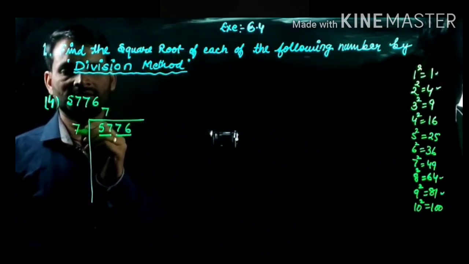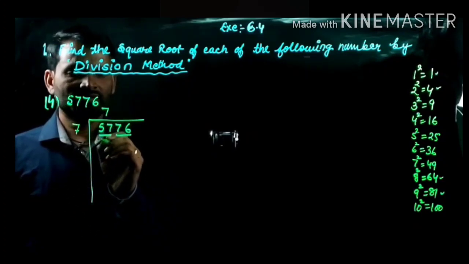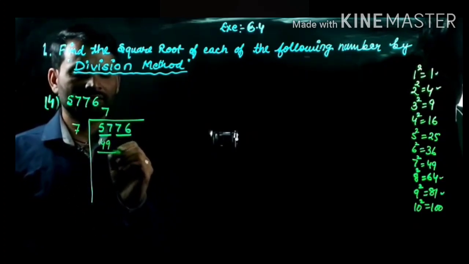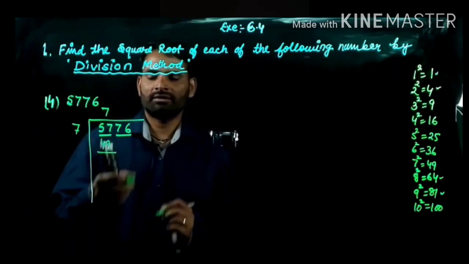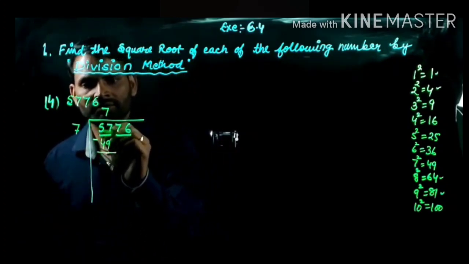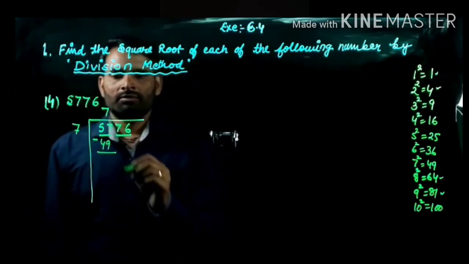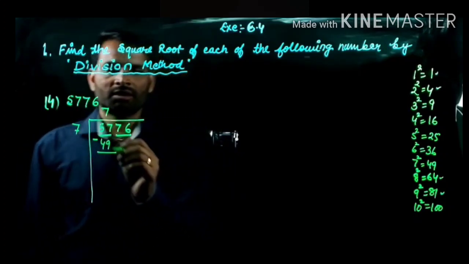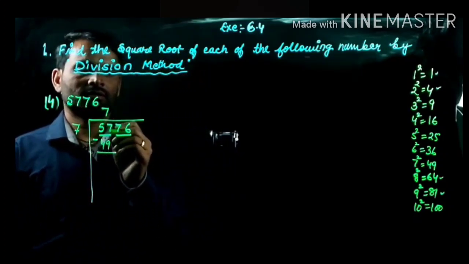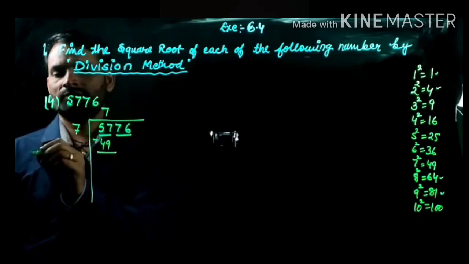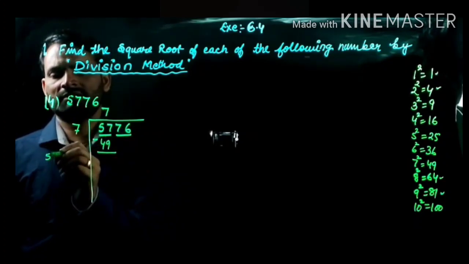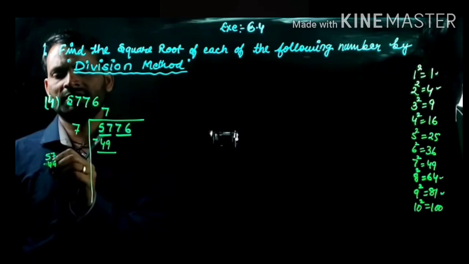You write 7, 7 7 is 49. Then 57 minus 49 is 8. Rough work is very important.